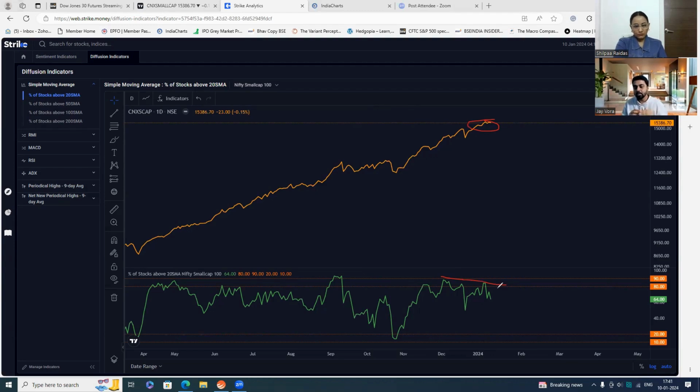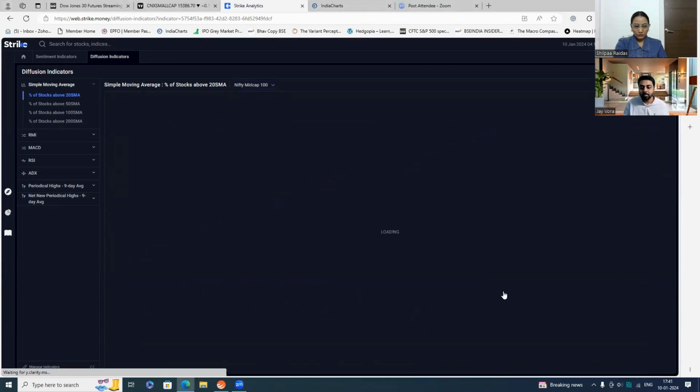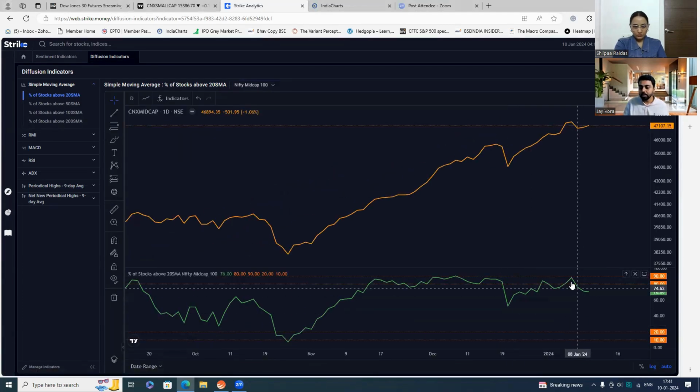In fact, from the high of 83 it made, that percentage has now fallen to 64. Similar is the case with the mid-cap index as well. Again, same story. It made a high around 86 or so, and then it has fallen.